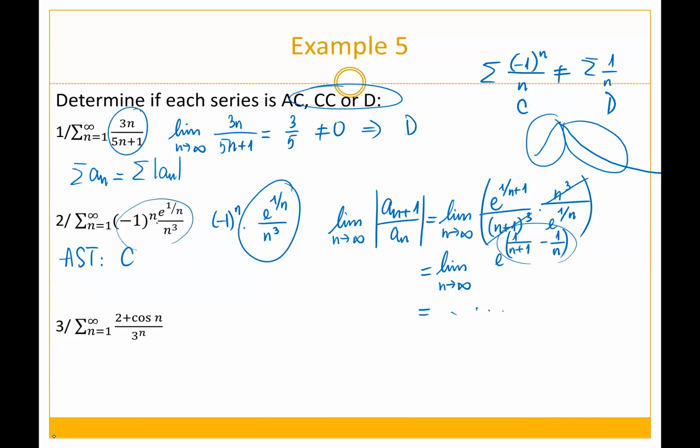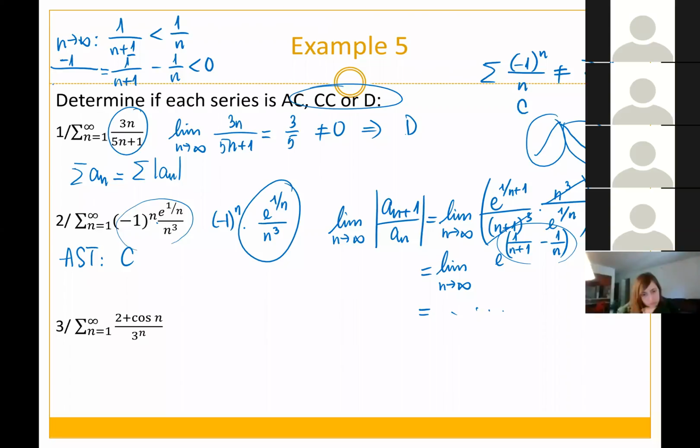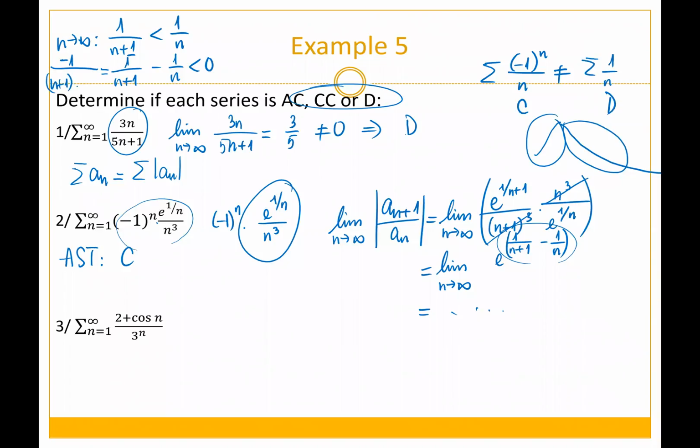as n approaches infinity, 1 over n plus 1 is smaller than 1 over n, right? So 1 over n plus 1 minus 1 over n is smaller than 0. And this is actually equal to minus 1 over n plus 1 multiplied by n.